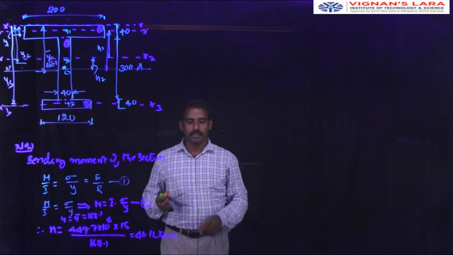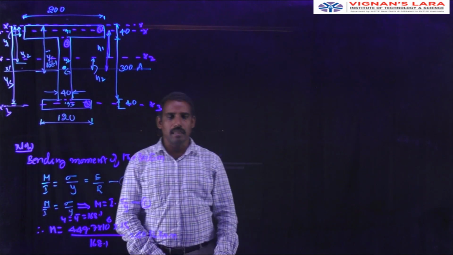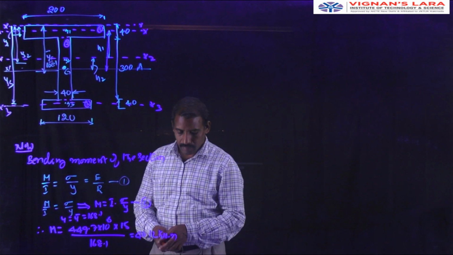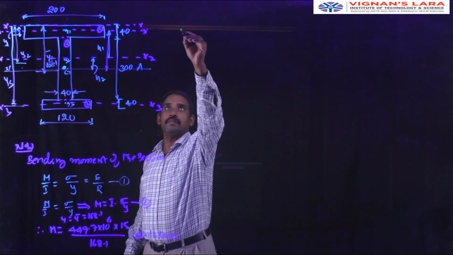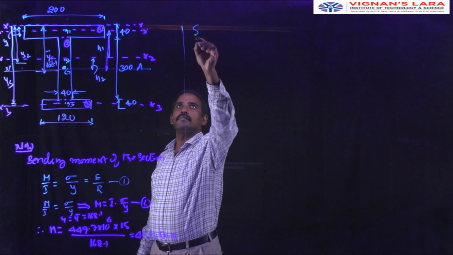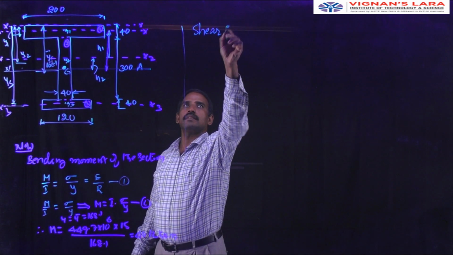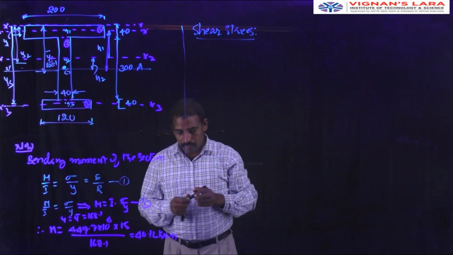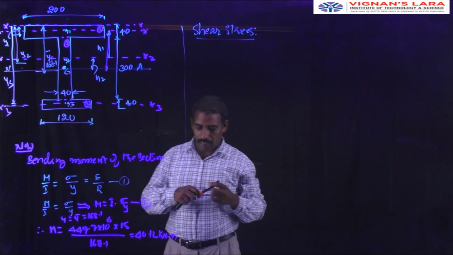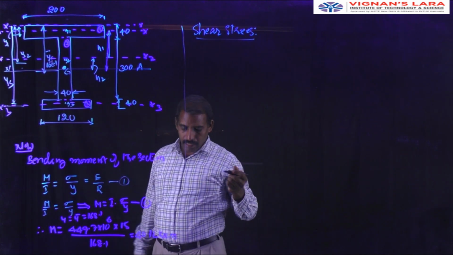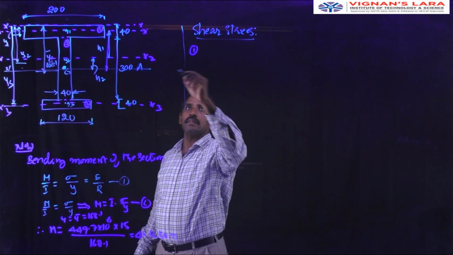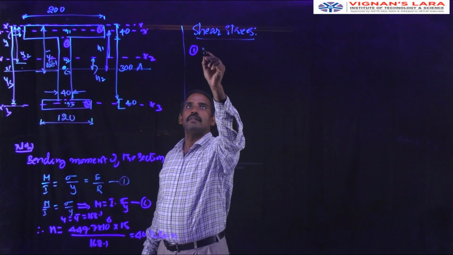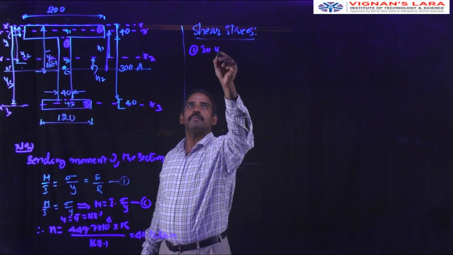That is the first one. Next, let us calculate the shear stress along the depth of the beam. Initially, the shear stress in the upper flange at the junction with the web.